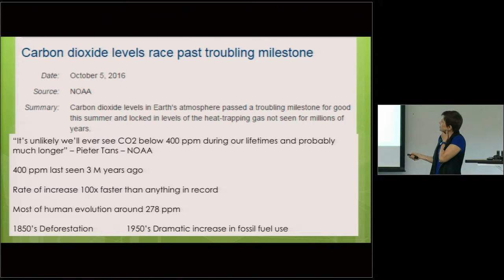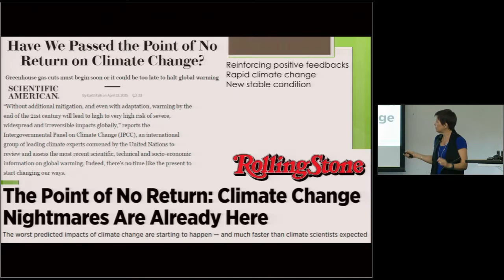And in fact, I forgot to show that. This guy from NOAA says it's unlikely we'll ever see CO2 below 400 parts per million during our lifetimes, probably much longer. The last time the Earth had 400 parts per million was 3 million years ago. During most of our evolution, we've been at around 278. So we've already gotten past that one.